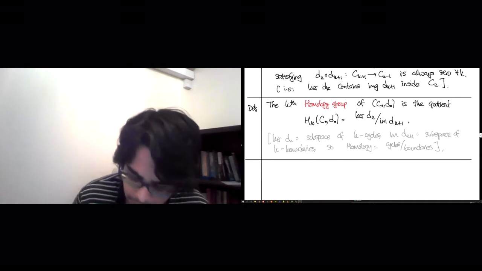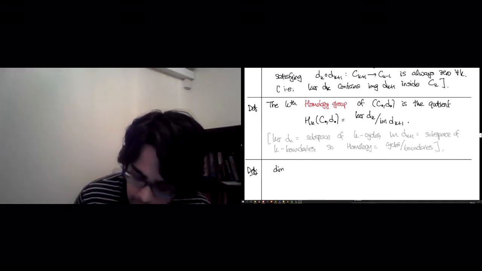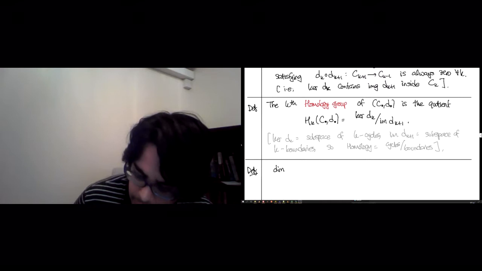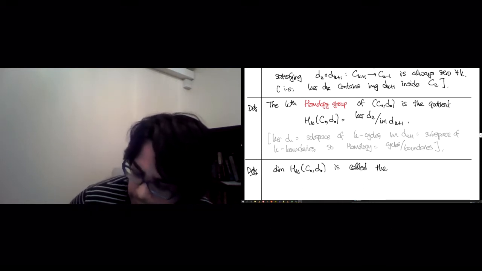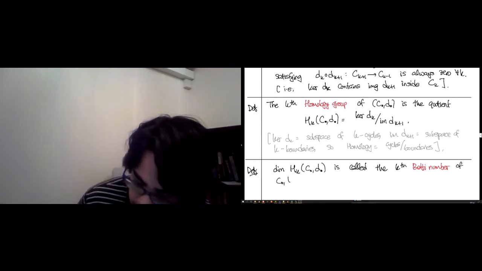So the dimension of the homology of C• is called the kth Betti number of this chain complex C•.